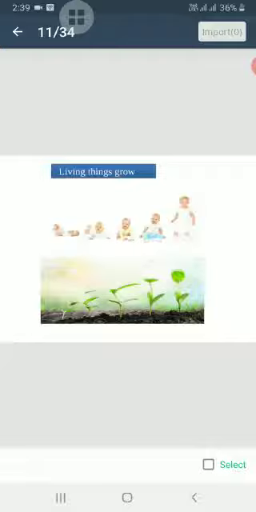So living things grow. The growth of living things is different from the growth of non-living things, such as a crystal or a heap of sand. Growth in living things occurs within the organism by the division of cells. In single celled organisms, growth occurs only in the size of the cell.